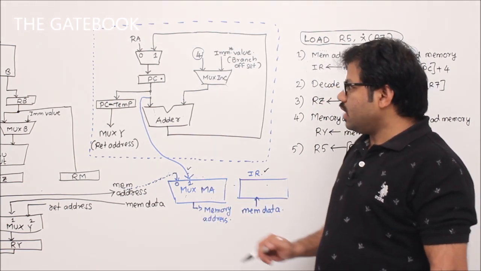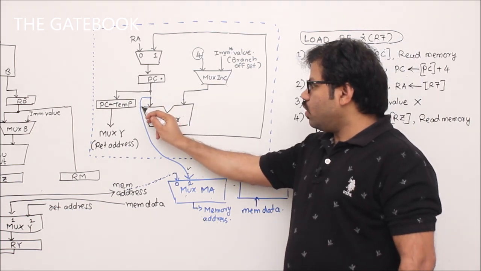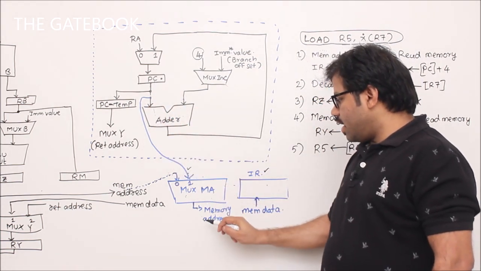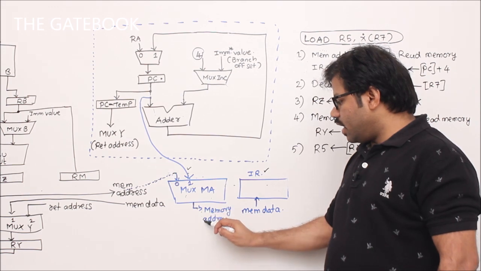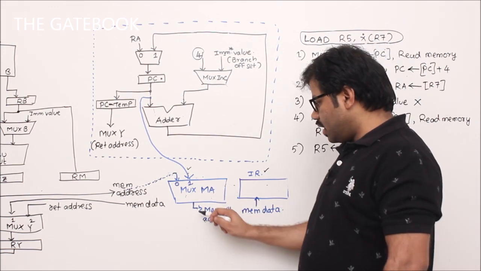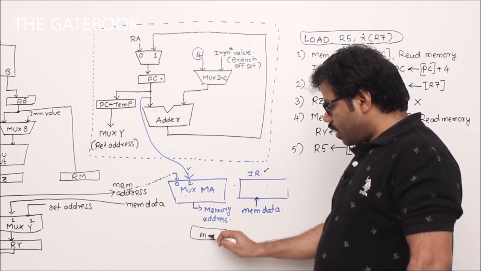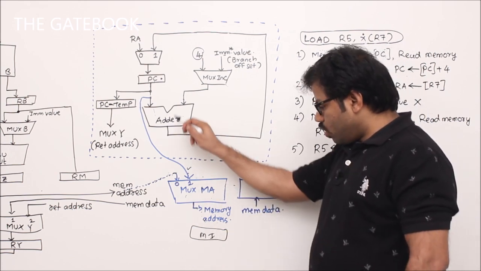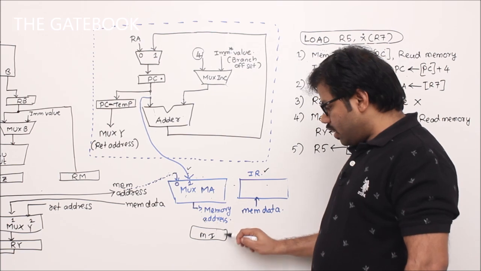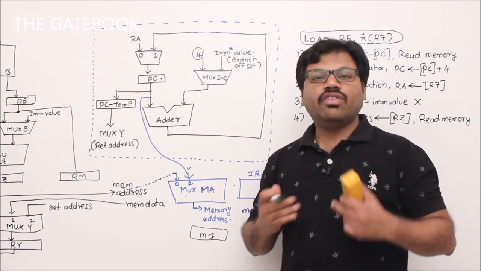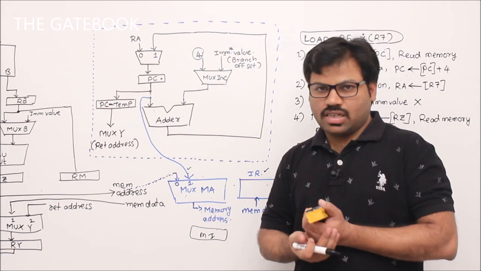So in the first stage, the program counter's value will be taken like this and sent to memory address. That means your multiplexer is sending that to memory address and there is a memory interface, which I already explained. So when you send that program counter's address to the memory interface, the memory is going to give us data, which is nothing but the instruction, correct?